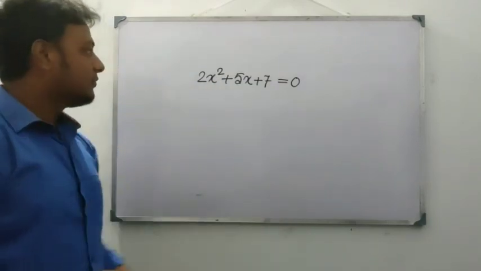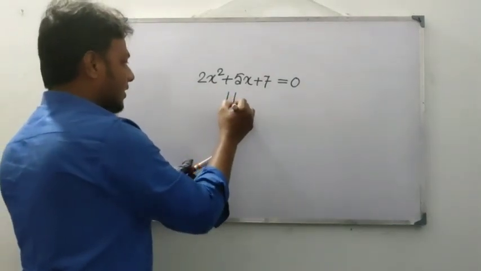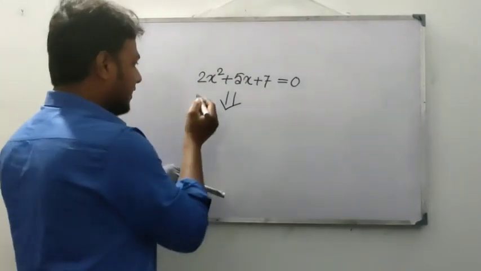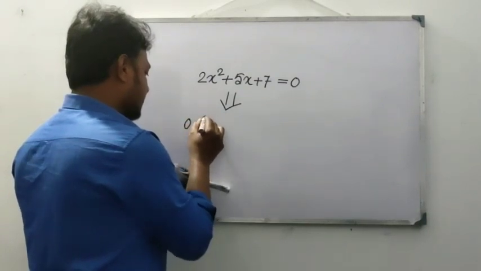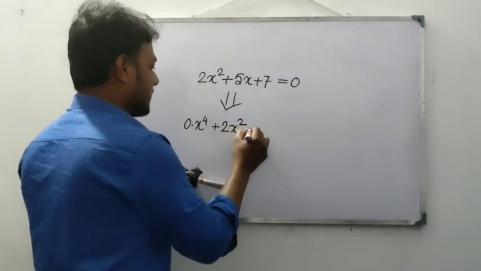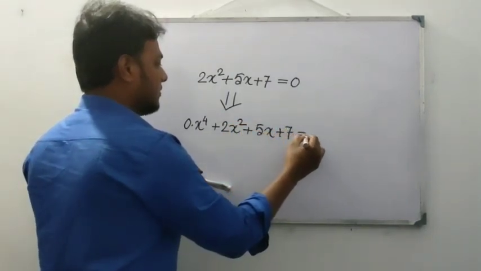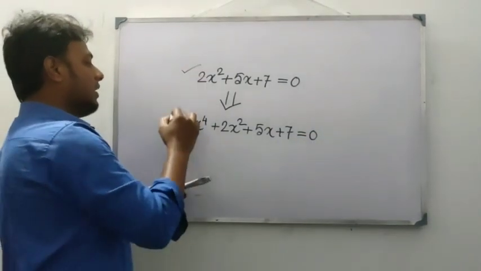Now we can add more terms. This equation can also be written again in this form. Suppose 0 × x⁴ + 2x² + 5x + 7 = 0. Is there any difference between this one and this one?